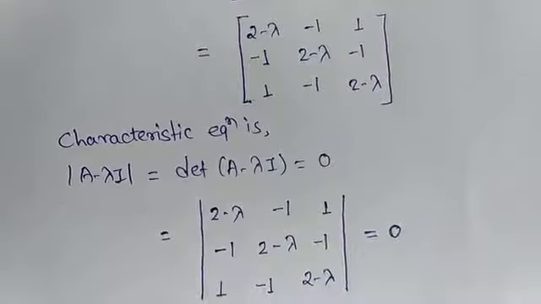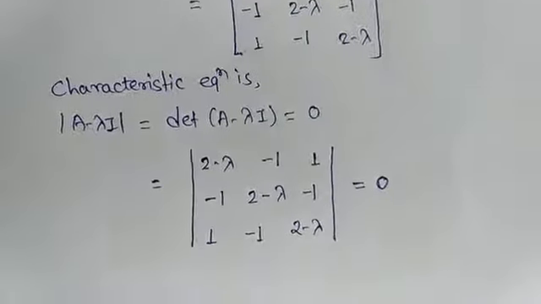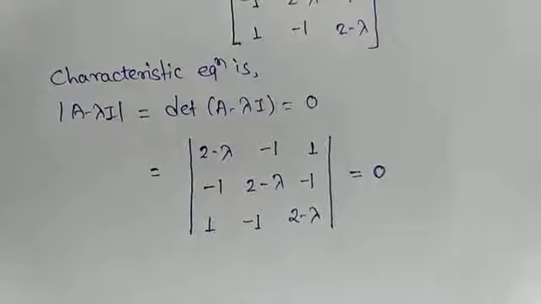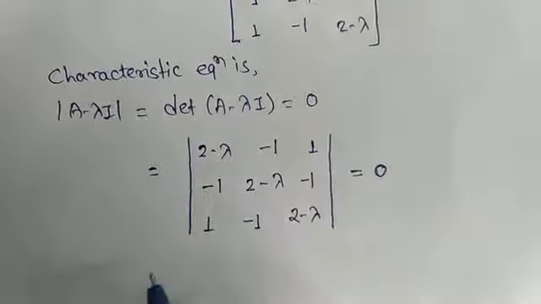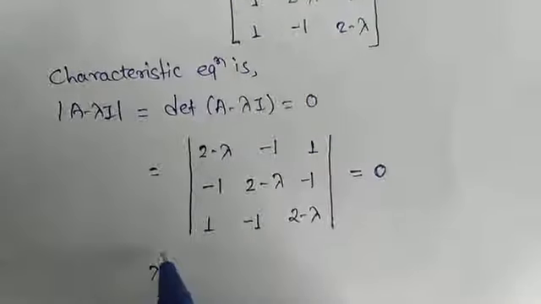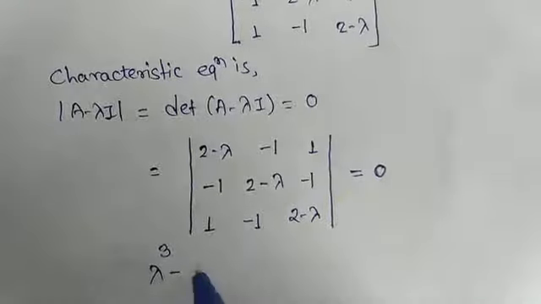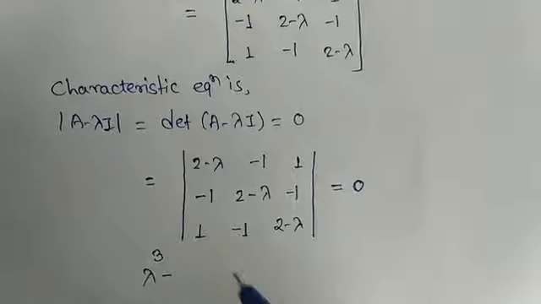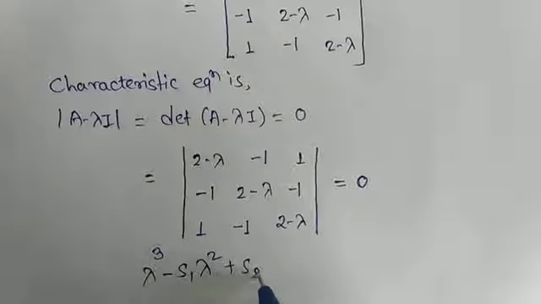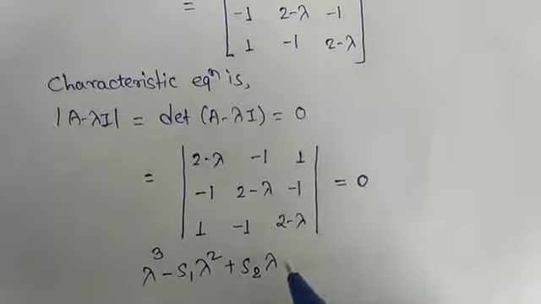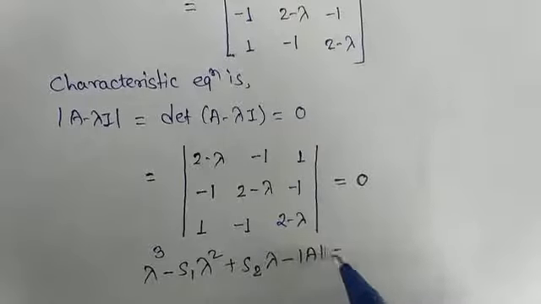Now you should know the process to find the characteristic equation, which we studied in the last lecture. There we considered the equation lambda cube minus S1 lambda square plus S2 lambda minus determinant of A is equal to 0.